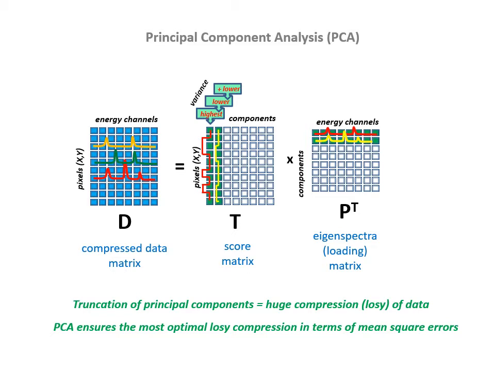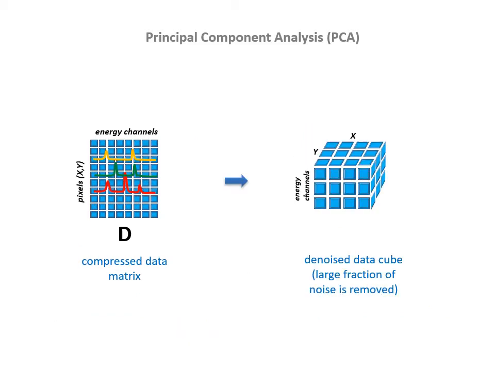But hopefully, if everything was done correctly, you retain all useful information, and what you removed was just noise. At the end, you should, of course, transform your denoised data matrix into the original form, whether it was a data cube or line scan or whatever. And everything is done. Your data are greatly denoised.